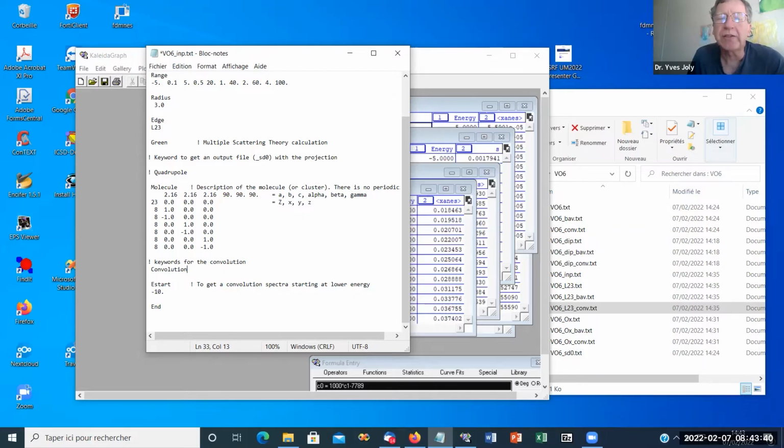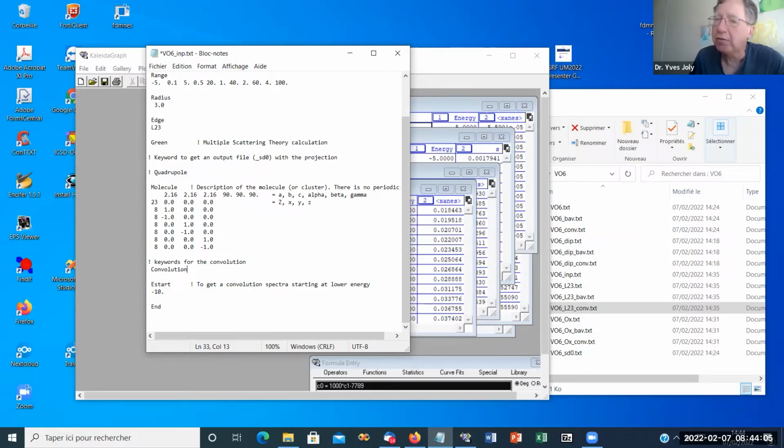If you want to calculate some molecule which is oxidized, it depends if it's the molecule which is oxidized or if it's the atom. So normally the program is self-consistent, and the best, in fact, is to make a self-consistent calculation.